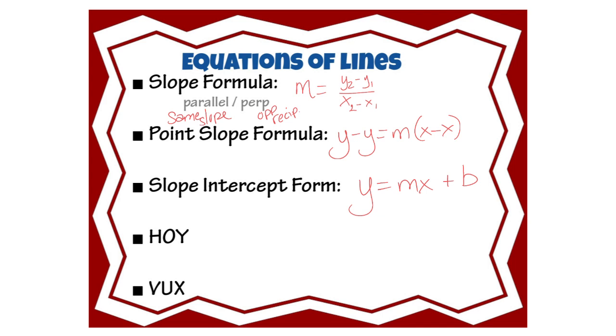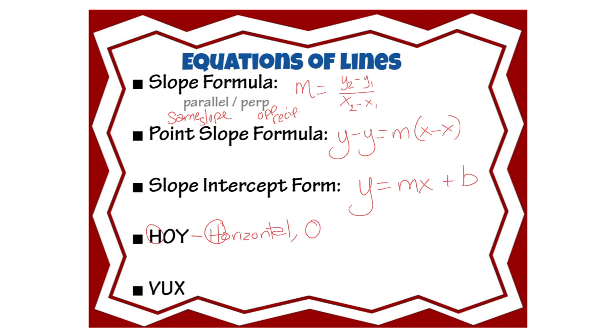All right, HOIVUX is just a little acronym. Your teacher may or may not have used HOIVUX. I like it as just a little acronym to remember the easy lines. I say they're easy, but sometimes they're so easy that they're different, and then that makes them harder. But ultimately, what this HOIVUX acronym is telling you is that horizontal lines, notice the H, have zero slope.